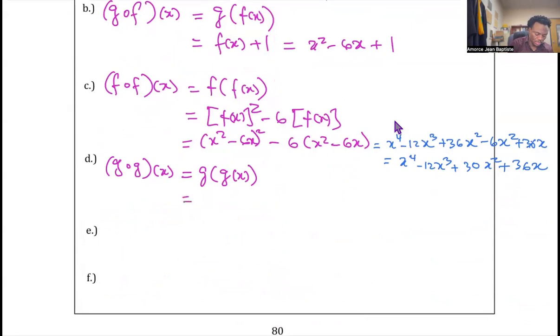So given x, g of x is x plus 1, it's going to be g of x plus 1, or just x plus 1 plus 1, right? G of x is x plus 1. So that's x plus 2. So g composition g of x is x plus 2.